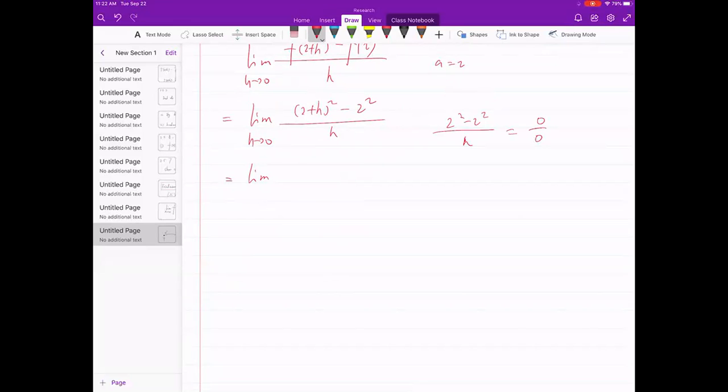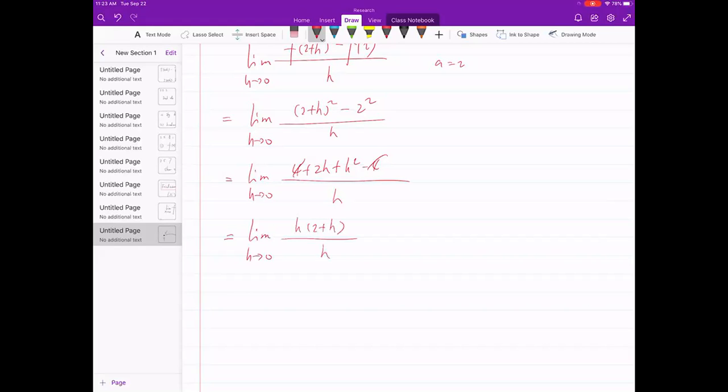There is a hole. Then let's cancel some terms by using algebra. Can you plug in 0 now? The answer is 2.